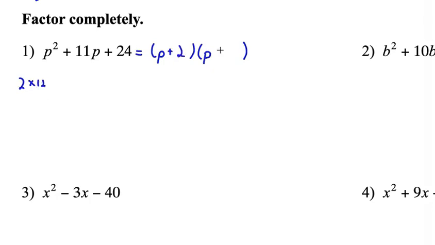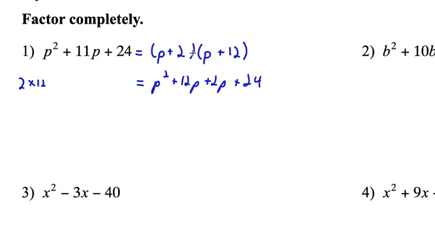So if we did p plus 2 times p plus 12, if we multiplied this out with the 4 multiplication problems, let's see what we get. Well, we have the p squared and we have the 24, but when we combine these like terms, we don't get 11, we get 14.